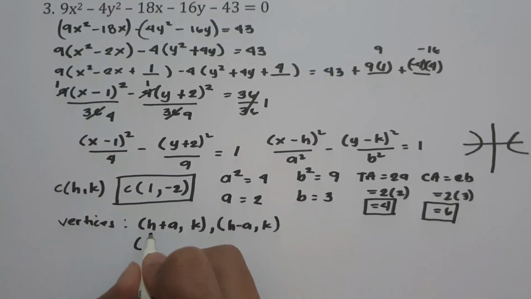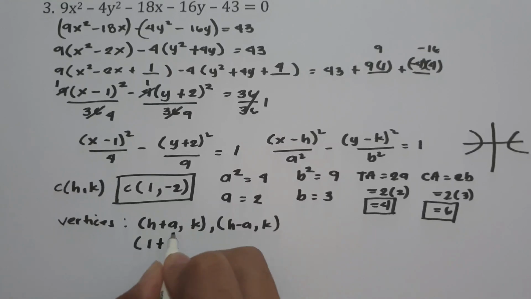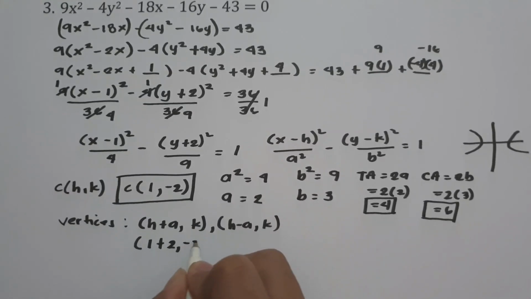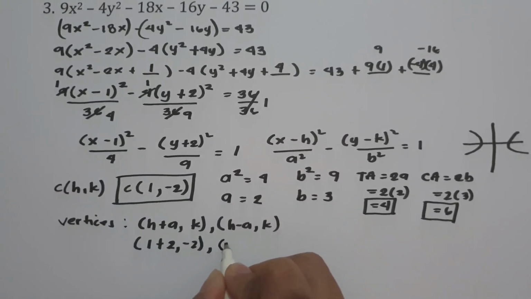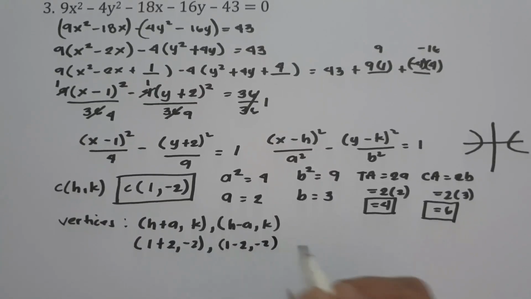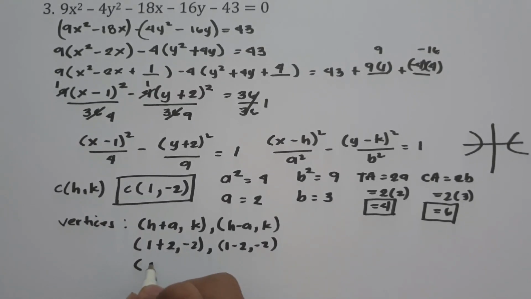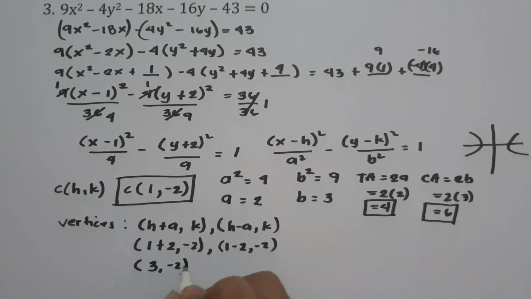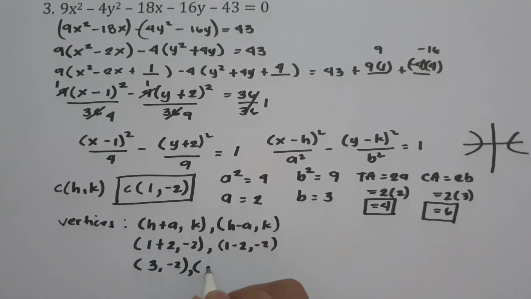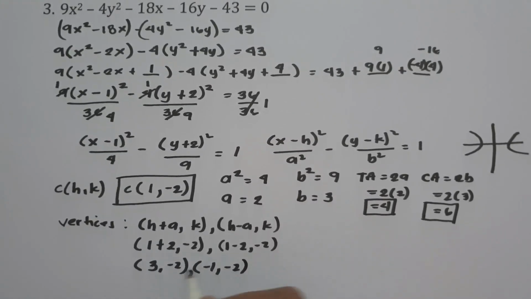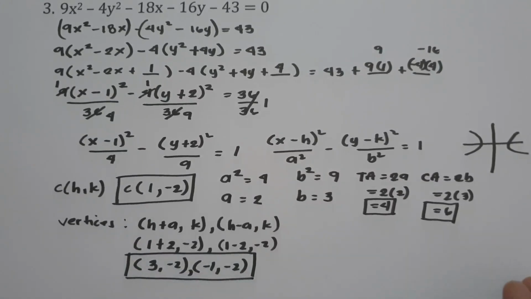So let us have the value of h, that is 1, plus a, that is 2, and k is negative 2, while on the other side we have 1 minus 2 and negative 2. So let us have 1 plus 2, that is 3, and negative 2, and then 1 minus 2 is negative 1 and negative 2. So this will be the coordinates of our vertices.